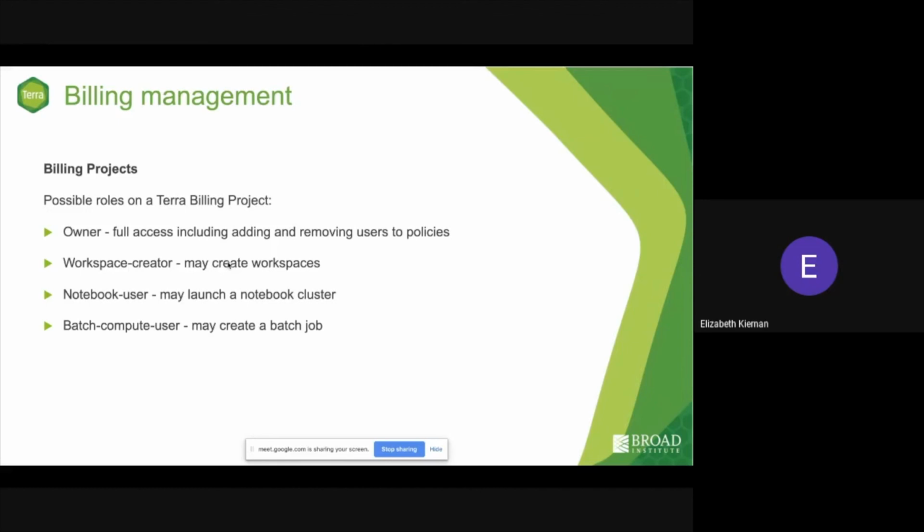In addition to the owner role, there is a workspace creator role, which is very similar to the owner role, except that it does not allow the workspace creator to grant new access to other users. It only allows them to create additional resources on that billing project.